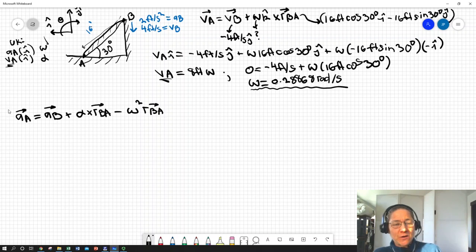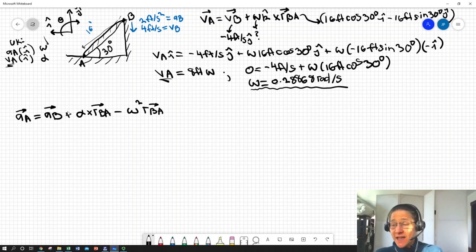This is my general expression for the acceleration of one point on a rigid body undergoing planar motion relative to the acceleration of another point on that same rigid body, and the angular acceleration and velocity of that rigid body. So it's our go-to expression to relate the acceleration of two points on a rigid body undergoing planar motion.